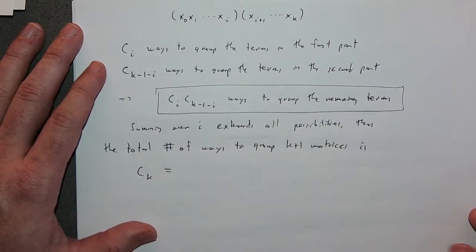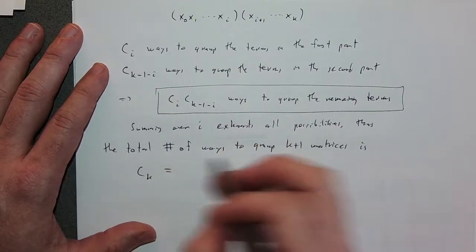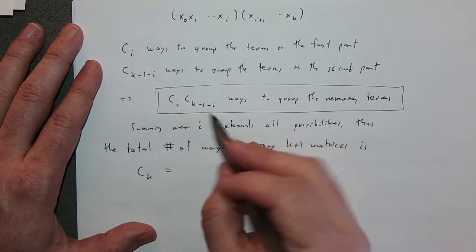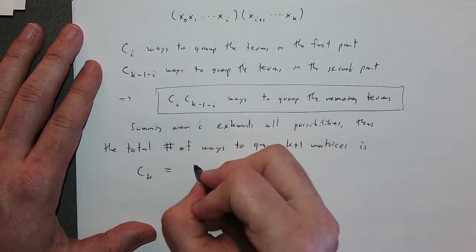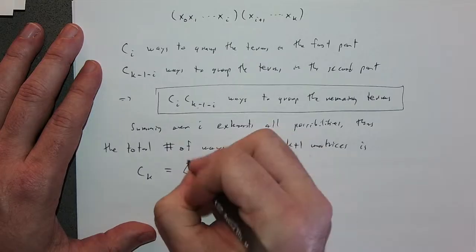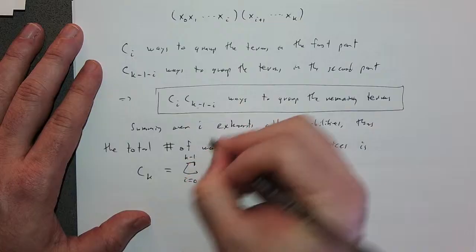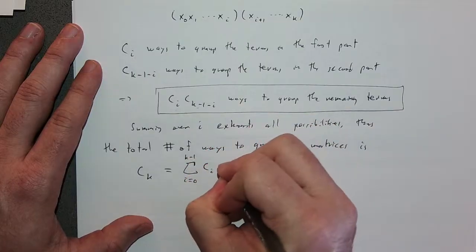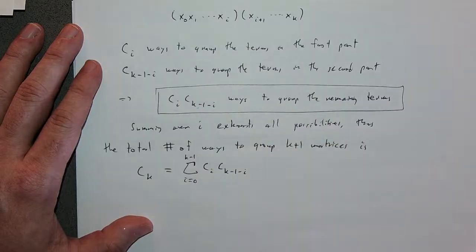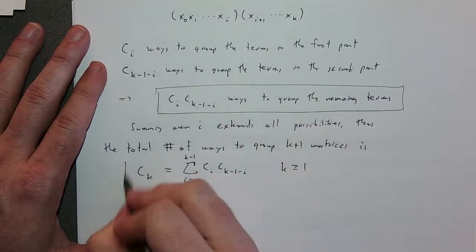That was defined as the total number of ways to group k plus 1 matrices in this way. But according to this, this is a sum over i of these. So it is a sum from i equals 0 up to k minus 1 of C sub i times C sub k minus 1 minus i. And this is what we get for k greater than or equal to 1.